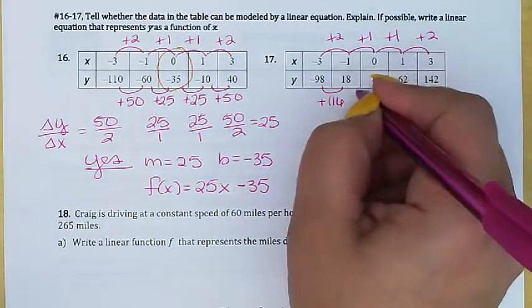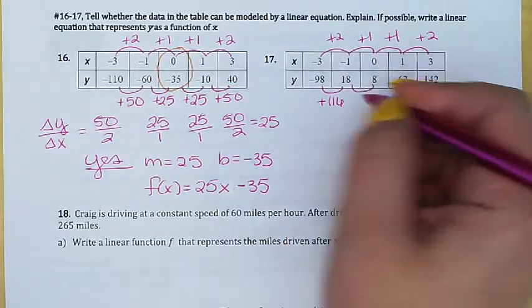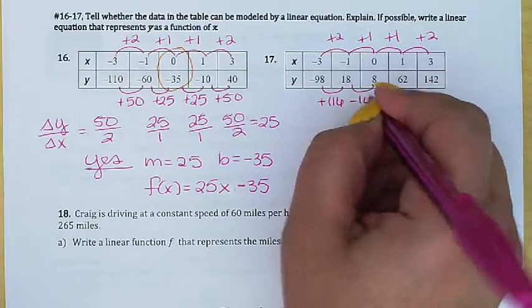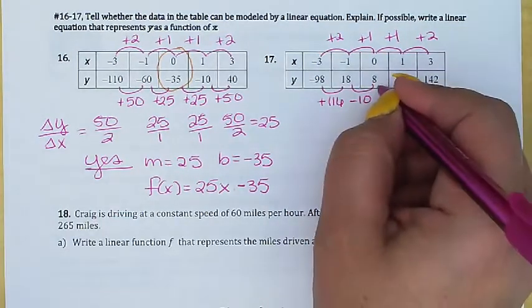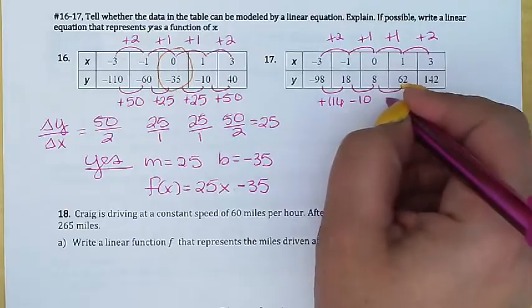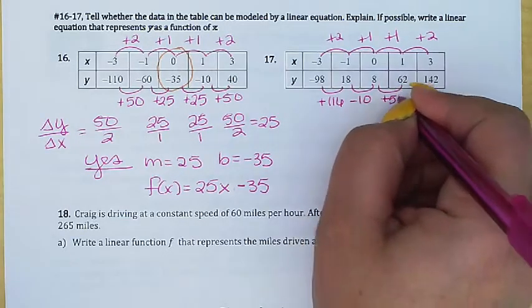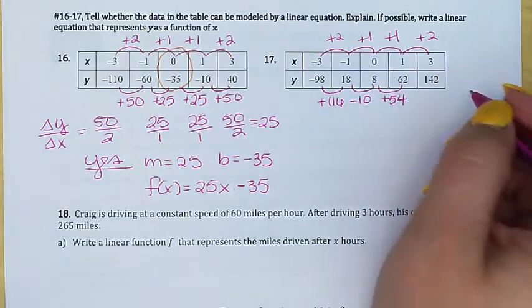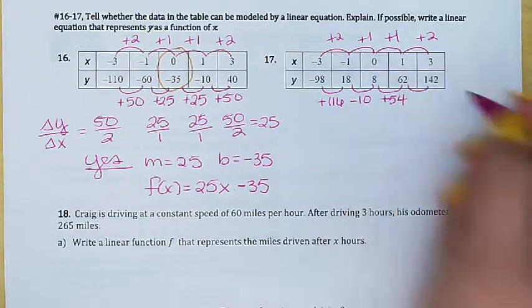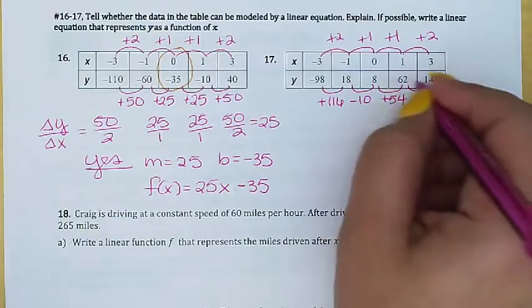From 18 to 8, that is a decrease of 10. From 8 to 62, that is an increase of 54. I probably could quit already, but I'm going to do this last one. I think this is an increase of 80.